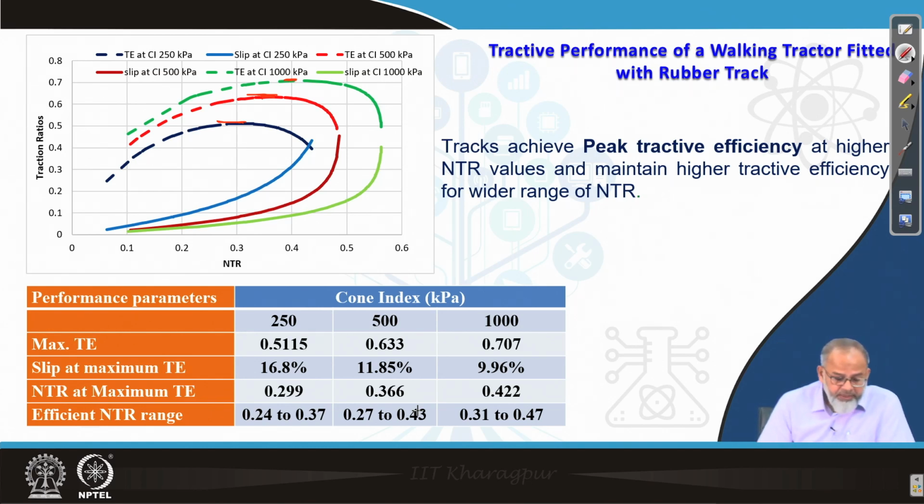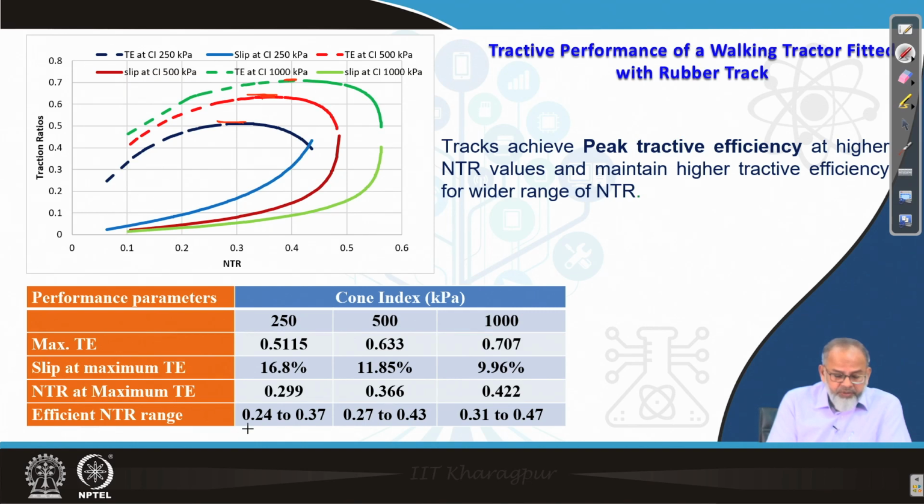The corresponding NTR is more than 0.42 in hard soil, 0.366 in medium soil, and 0.29, roughly equal to 0.3.